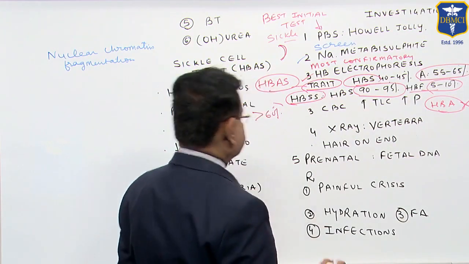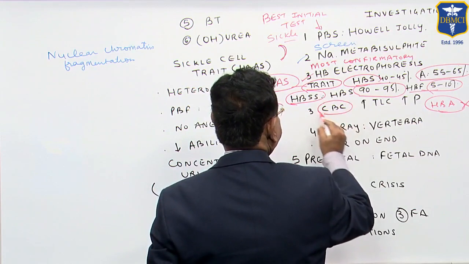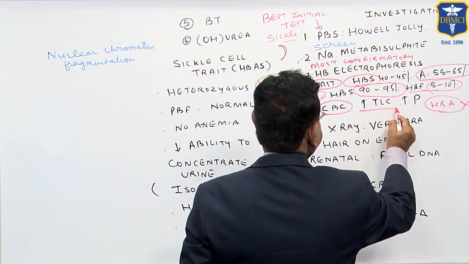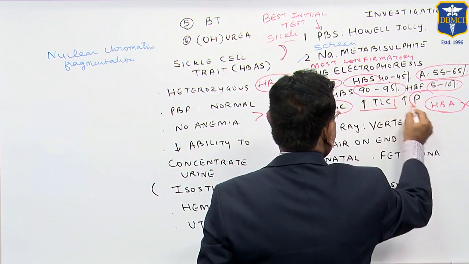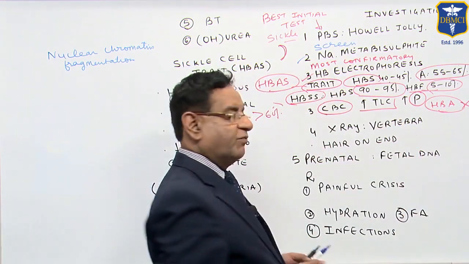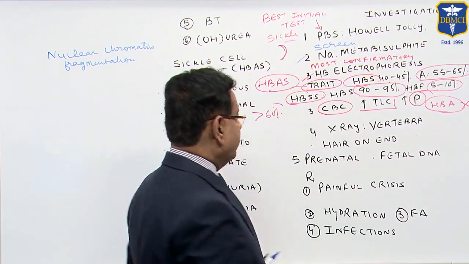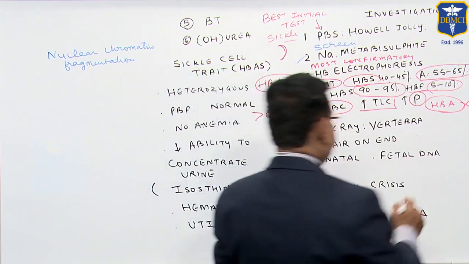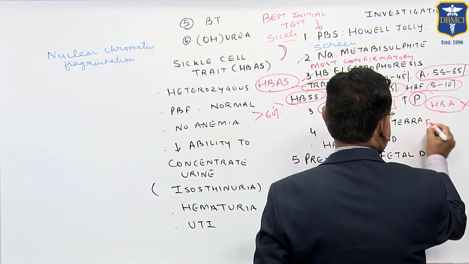What else do we get? In CBC, complete blood count, increased TLC and increased platelet count. Thrombocytosis is there. And what do we get in X-ray? If you do the X-ray of vertebra, you get fish mouth vertebra.